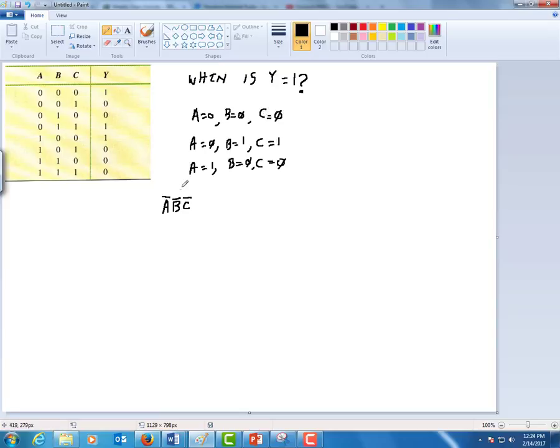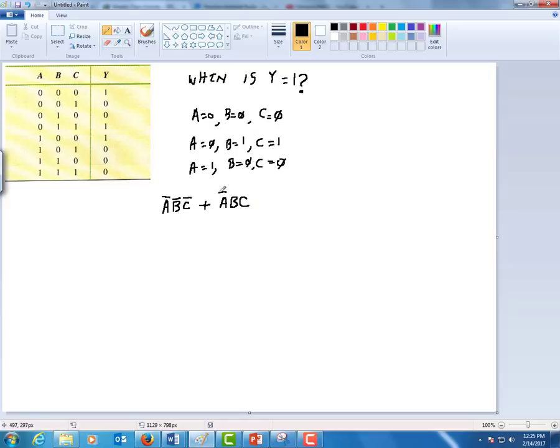Or, we're going to have a plus sign there, it's going to be when A is 0, I'm going to say A bar, which means it's low, B equals 1, and C equals 1. So it's A low, B high, C high.